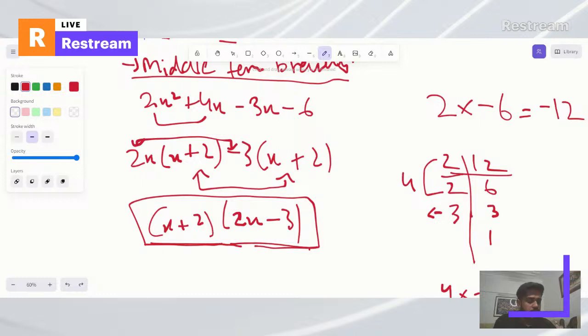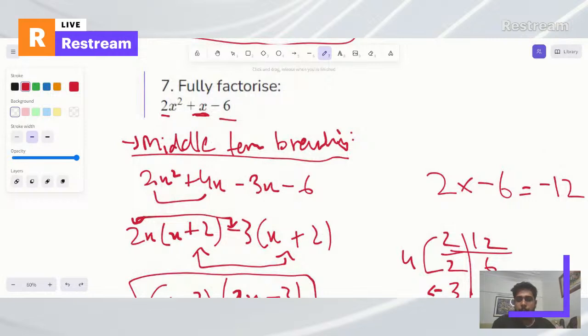Does everybody understand this, or is there anyone who does not understand this? Right? Is this clear? Everybody, is this clear? All right.